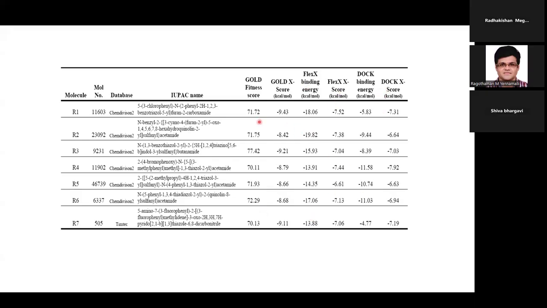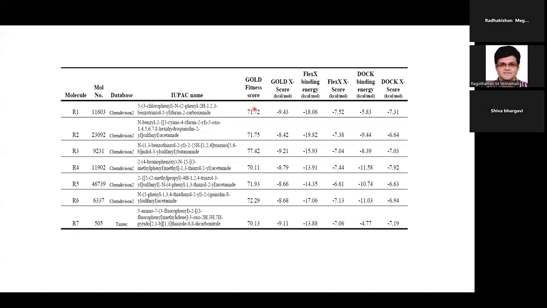Now, automatically, you will see that Gold gives a fitness score, whereas FlexX and Dock give a binding energy. Energy is in terms of kilocalorie per mole, but fitness in Gold is in terms of a number where the higher the number, the closer to 100, the better the docking.